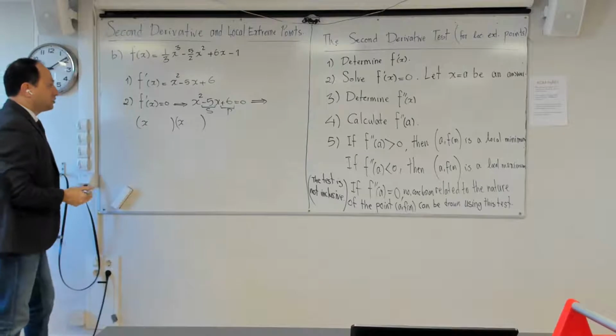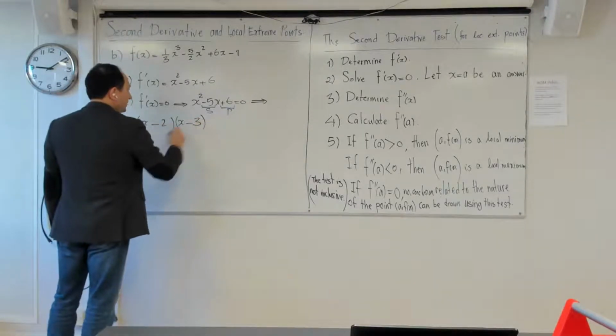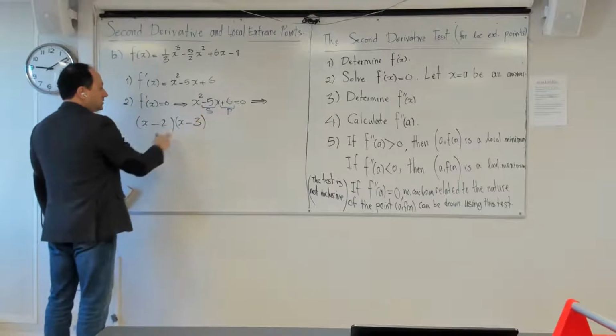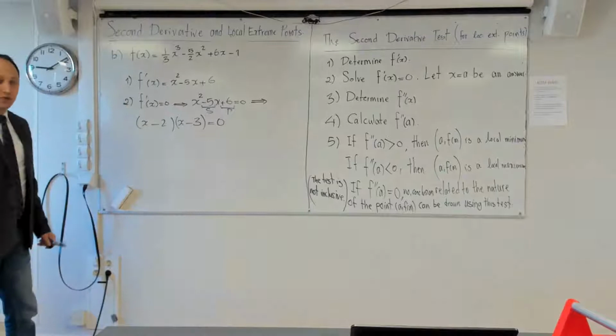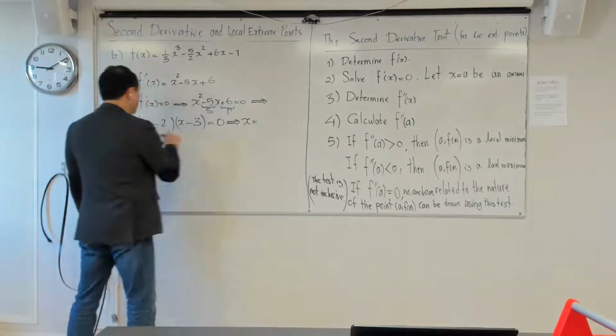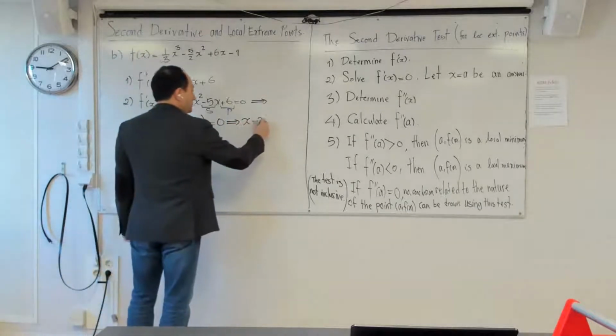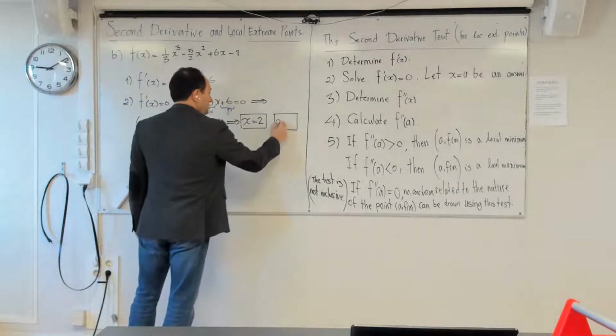So minus 2 and minus 3, yes? So I put minus 2 in one of them, minus 3 in one of them. If I add them, it becomes minus 5. If I multiply them, it becomes 6. It's easier than ABC or PQ formula here. And then it means that either this one is 0, so x is equal to 2, or x is equal to 3.